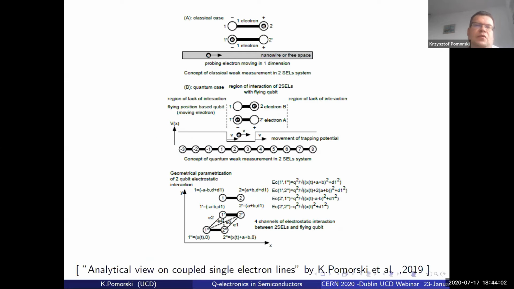All right. Now I will come to this idea of detection of movement of external charge. The first observation is that we can have an external nanowire or accelerator beam, so there's a movement of charge.